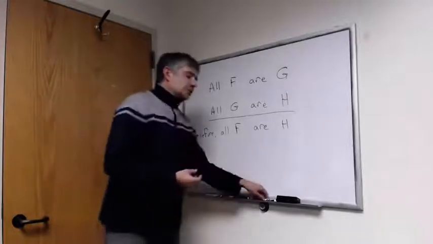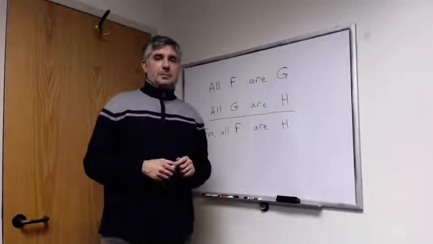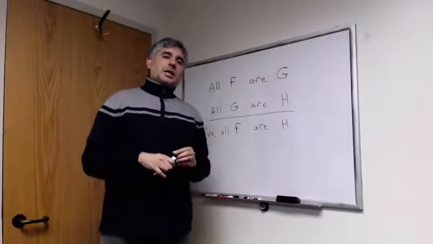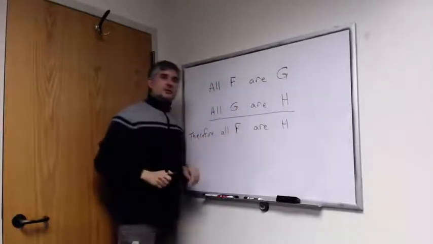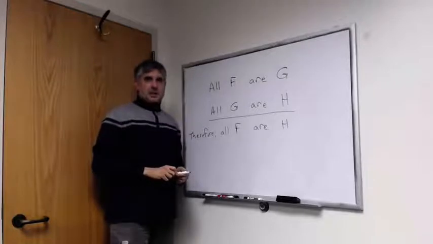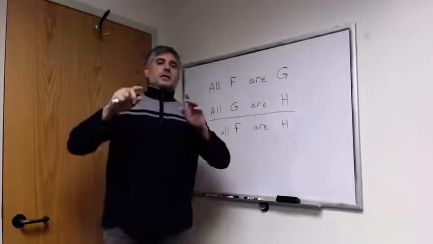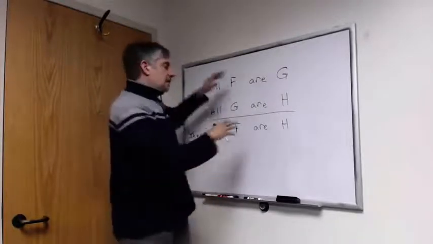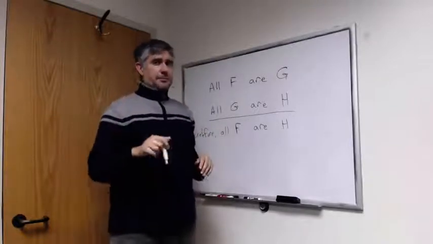We can use a certain kind of diagram called a Venn diagram, after its inventor, John Venn, to represent the relationships that these premises and this conclusion describe. And using Venn diagrams, we can show that this inference, any particular example of this inference, is valid. Here's how.